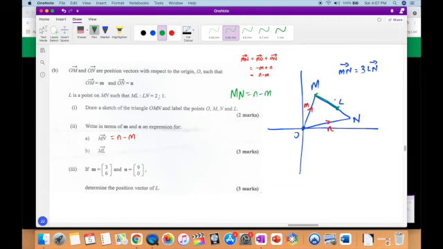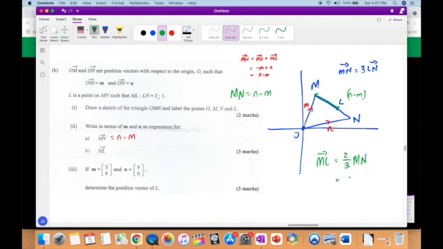So this entire thing is n minus m. So how do I get ML? Yes, ML is 2/3 of the entire MN.